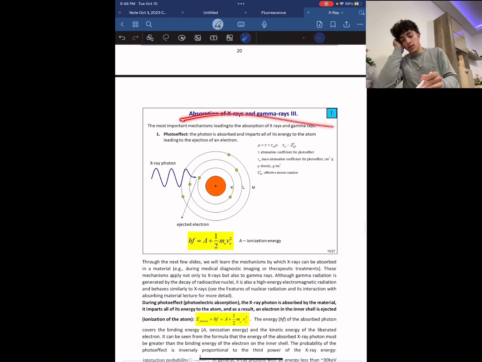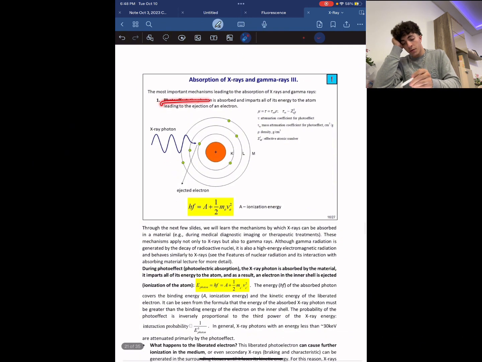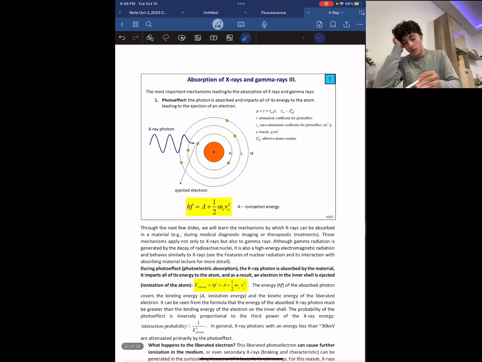Okay, now we're getting to the absorption. We said there are 3: photo effect, Compton, and pair production. Okay, what is photo effect? Photo effect is when a photon gives all of its energy to one electron in the inner shell.